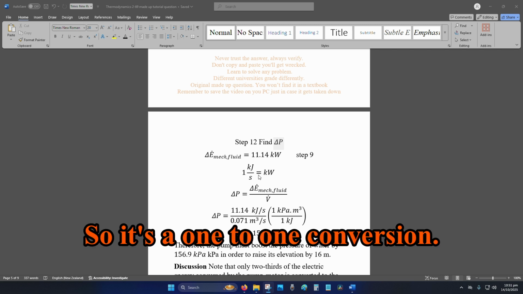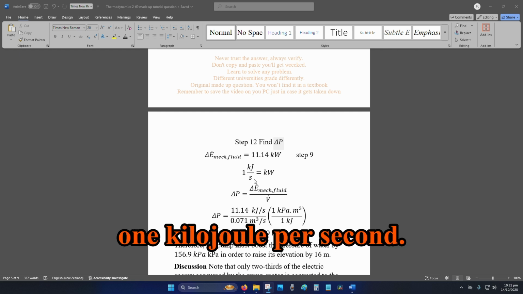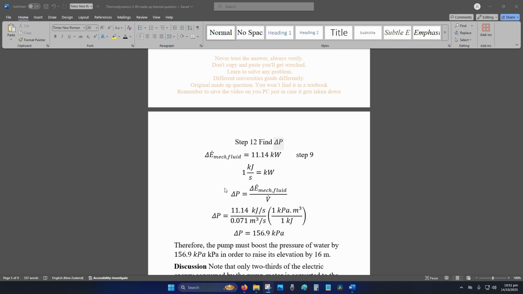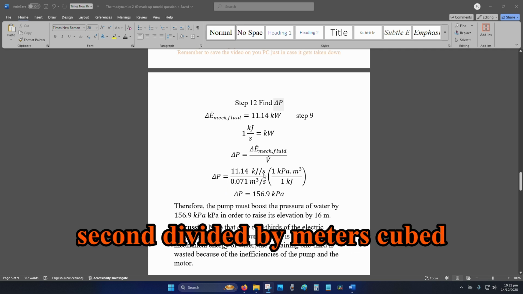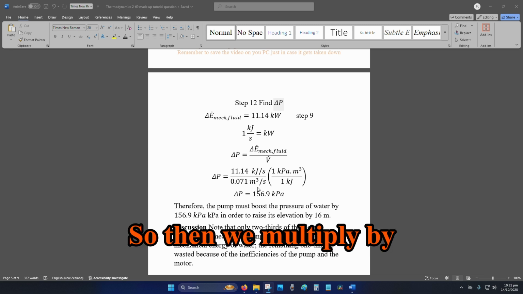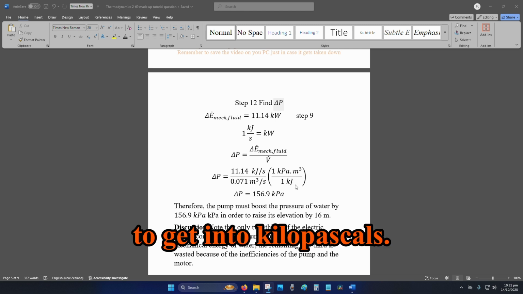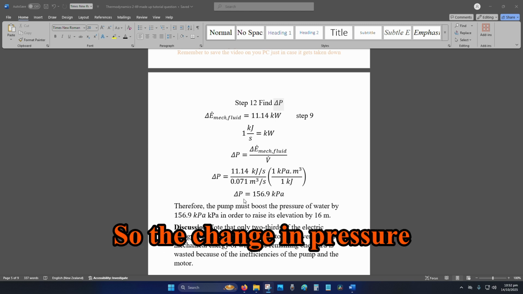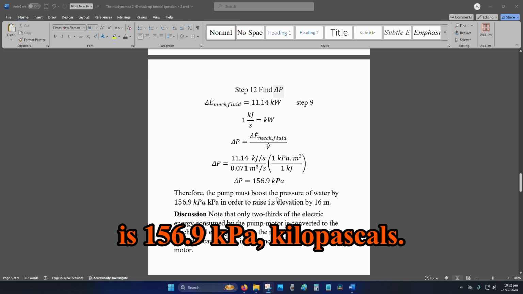It's a one-to-one conversion: 1 kilowatt is equal to 1 kilojoule per second. So 11.14 kilojoules per second divided by meters cubed per second. Then we multiply by the conversion factor to get into kilopascals. So the change in pressure is 156.9 kPa.